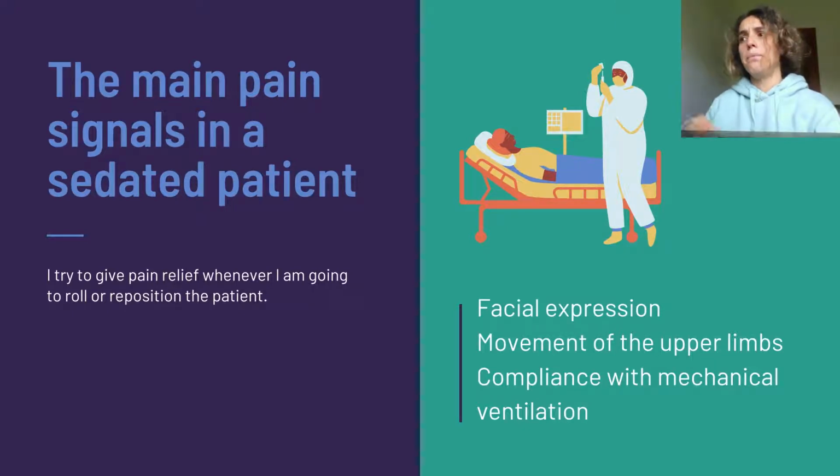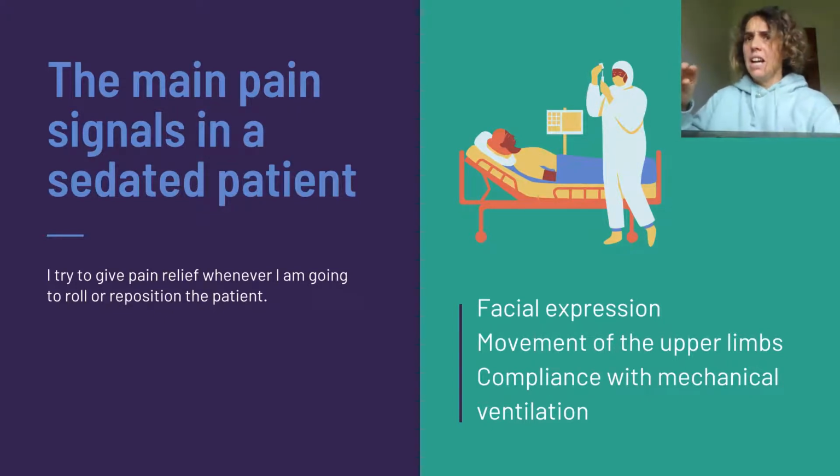Also have a look at the ventilator, of course, if they are ventilated. Check whether they are in synchrony with the ventilation. Sometimes the patient tries to breathe out when the ventilator tries to give a breath, or there is a little bit of resistance to the ventilation.